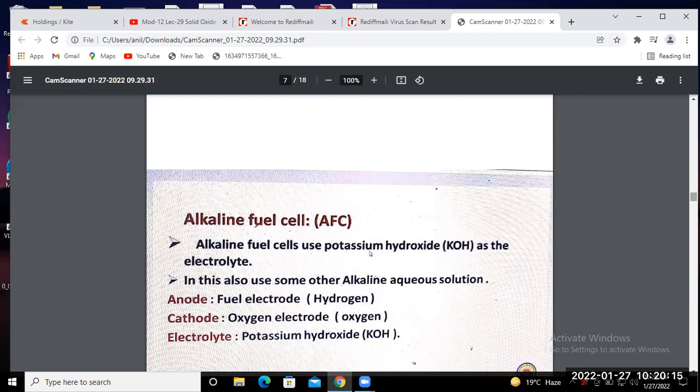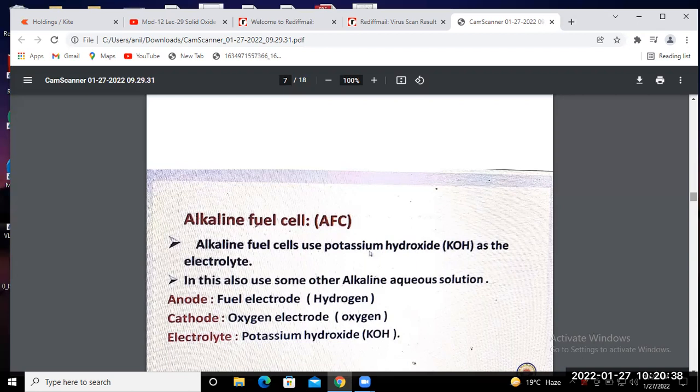For the electrolyte in the alkaline fuel cell, we use potassium hydroxide. At the anode, the fuel electrode, we use hydrogen, and at the cathode we use nothing but the oxygen electrode, that means oxygen.